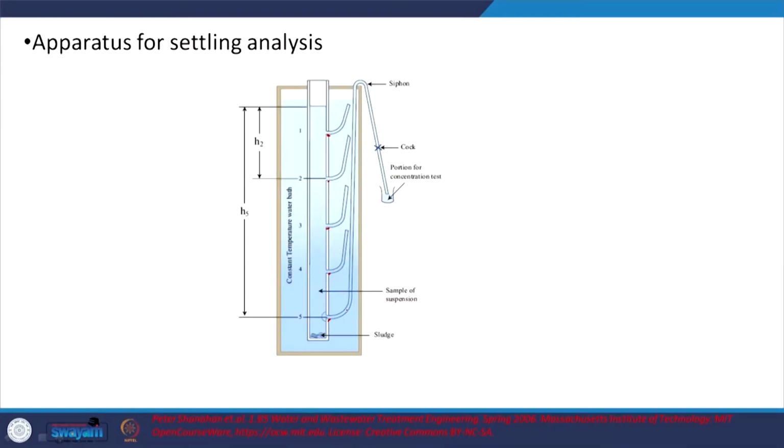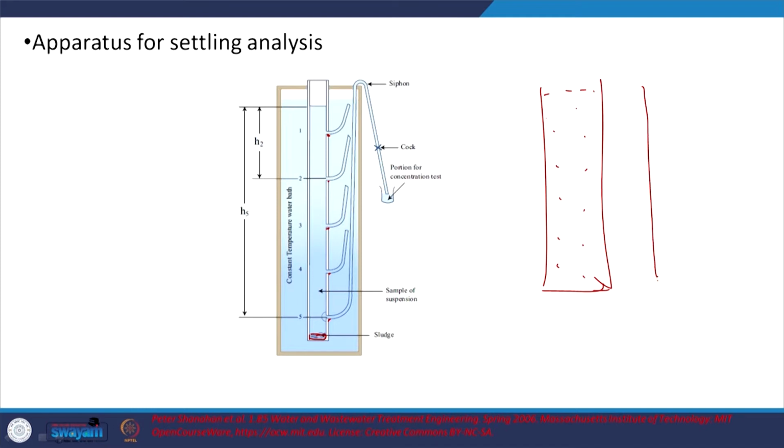So this is the apparatus for settling, and this is the sludge. In the next slides we will look at some figures. When we are looking at concentration, we assume that the sludge that has settled down is no more part of the mass of the solids in the column. For example, initially I know the concentration, how? The mass of these solids by the volume of this particular system.